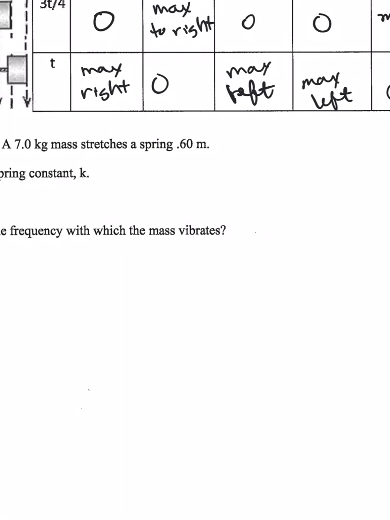Nope. We can't use F equals negative kx. What can we use? What do we know? It stretched the spring and we've stopped it. What can we use? Mass and displacement. Okay, so we can use energy.